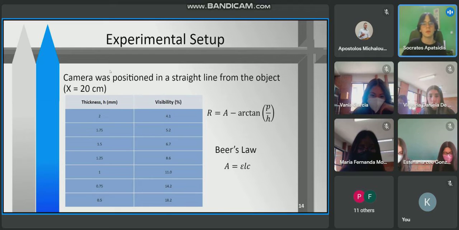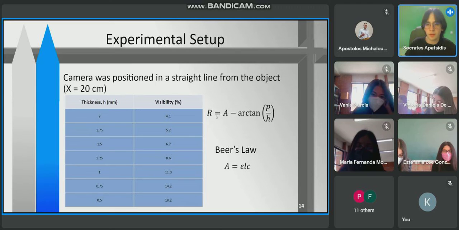For the experiment, we used a 4K camera sensor, which recorded the outcomes of different thicknesses we used. The camera was also positioned always in a straight line from the object, and the distance was always 20 centimeters.